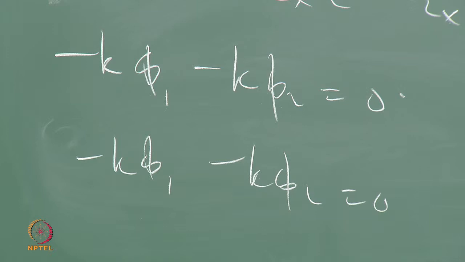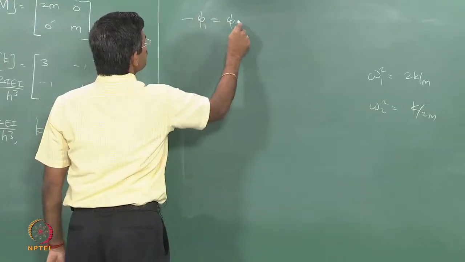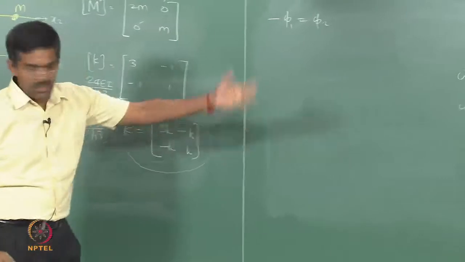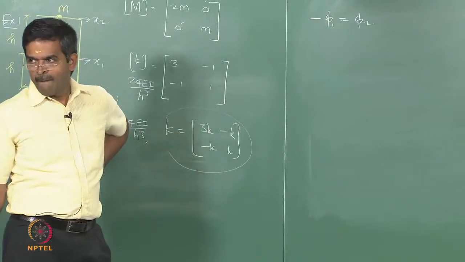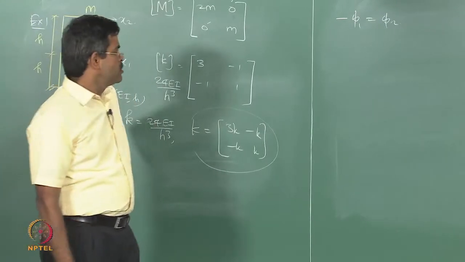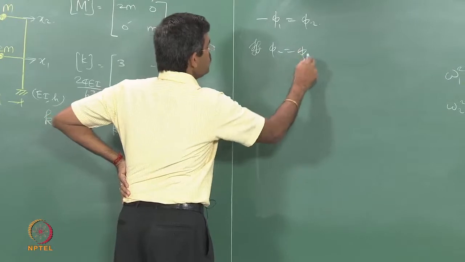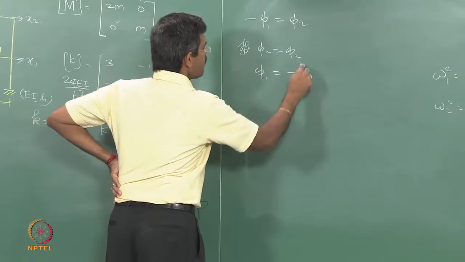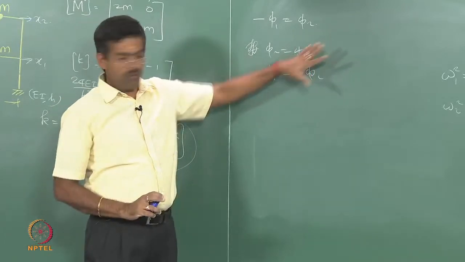So, I will take away this, I will just retain only this part. So, this implies that minus phi 1 is phi 2, any equation pick up. So, if phi 2 is phi 2, phi 1 is minus of phi 2, can I say this?